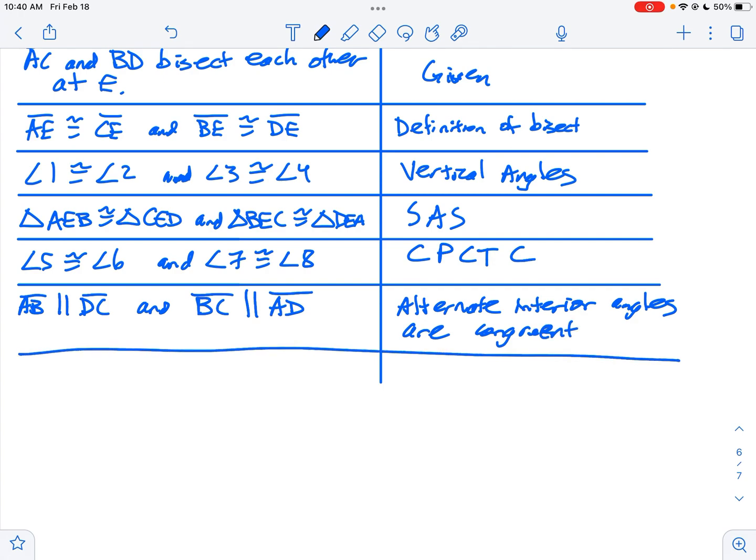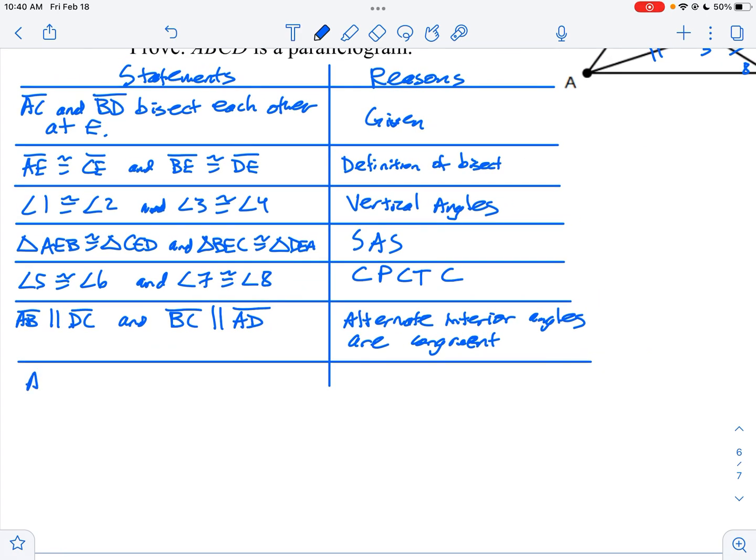Nice. And so now we proved opposite sides are parallel, we can say that ABCD is a parallelogram. And that just follows from the definition of parallelogram.